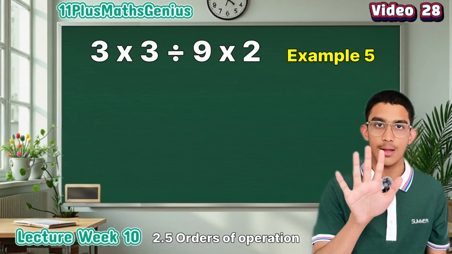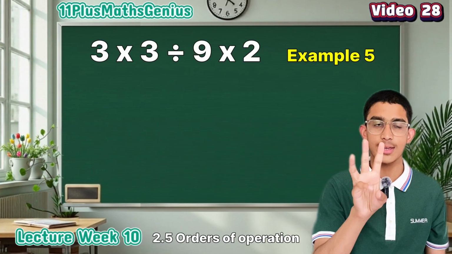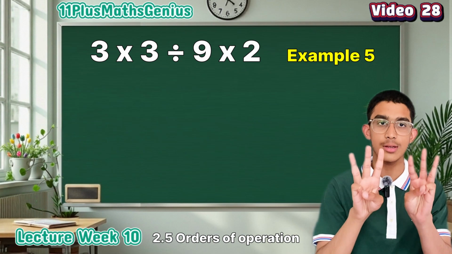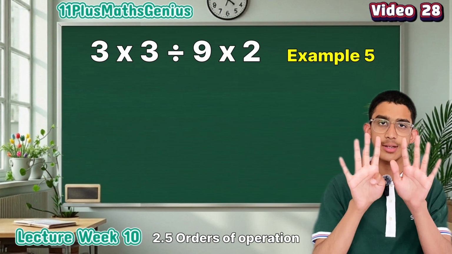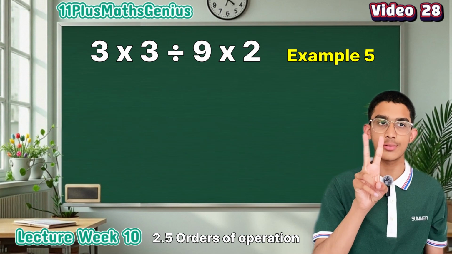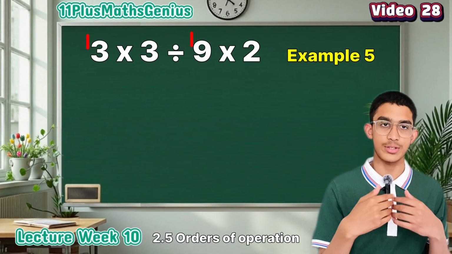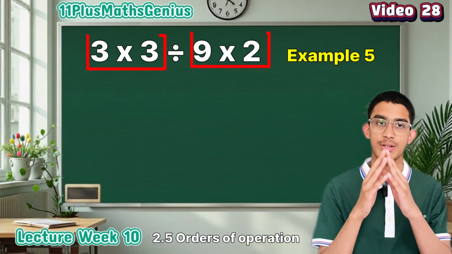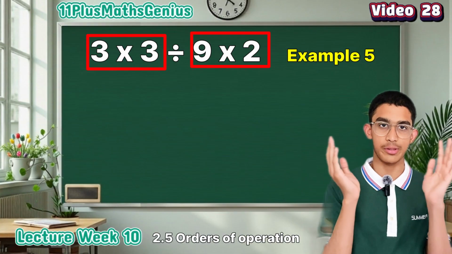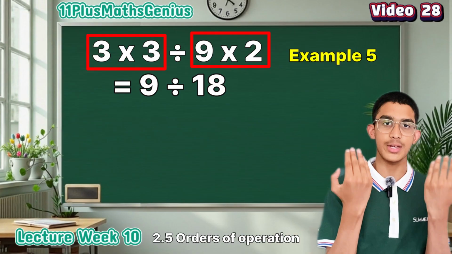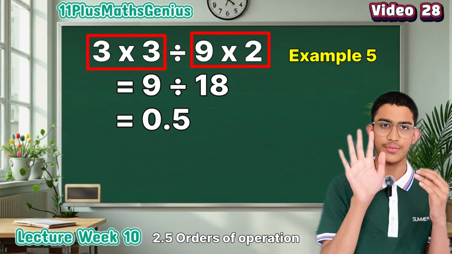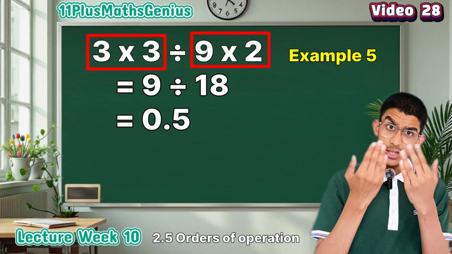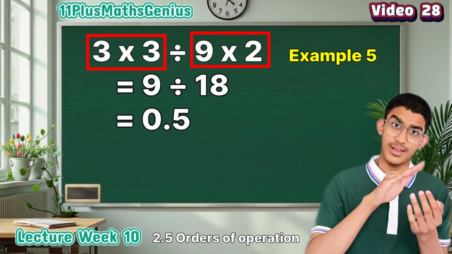Example 5. 3 times 3 divided by 9 times 2. If we do like 3 times 3 divided by 9 times 2 equals 9 divided by 18 equals 0.5, it is incorrect.